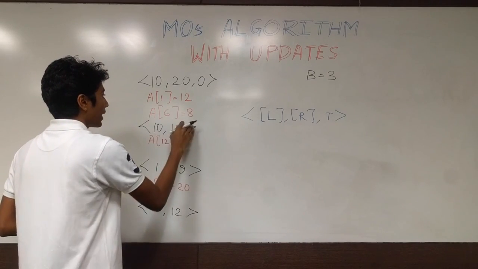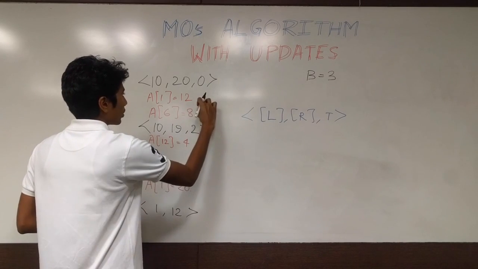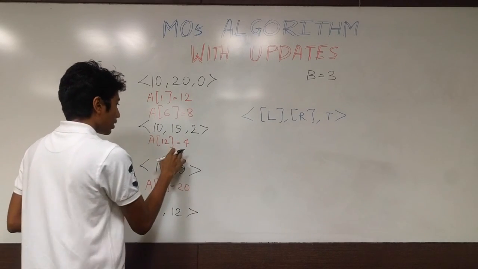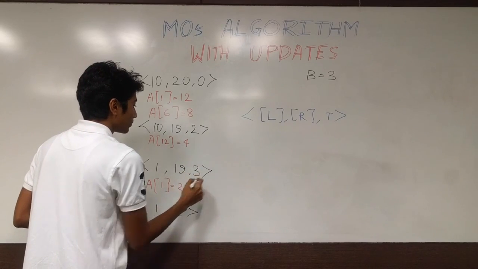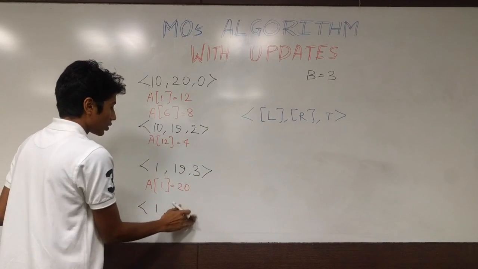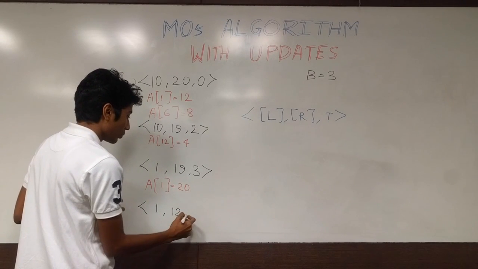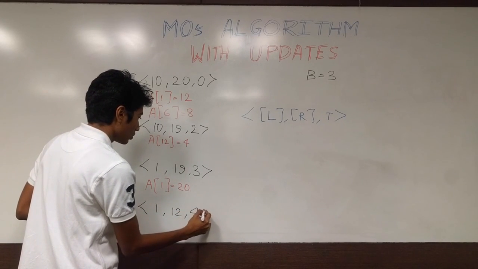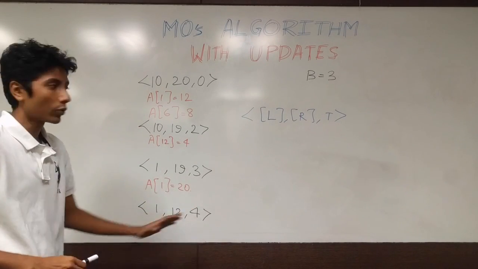At this point 10, 19, there are 2 updates, so that will be 2, these 2 updates. There's another update over here, so this query has time of 3. You can call this timestamp if it makes more sense. Actually it does. So timestamp over here is 4. Right, because 3 plus 1 is 4.